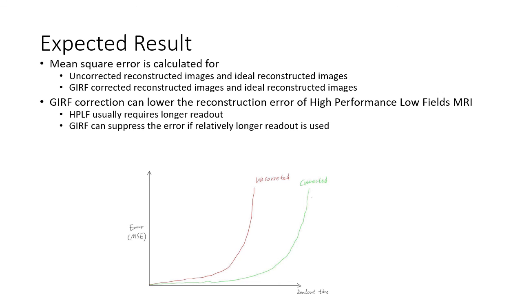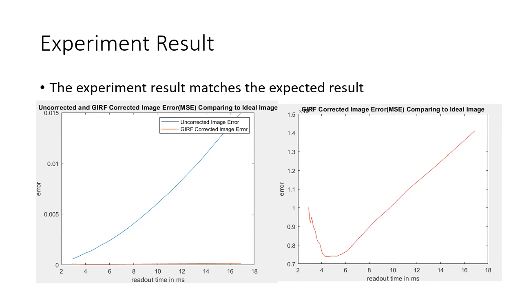Therefore, this project can potentially work for high-performance low-field MRI, since HPLF usually requires longer readout. This is the actual result that I got from the experiment. The maximum readout was set to 60 milliseconds.